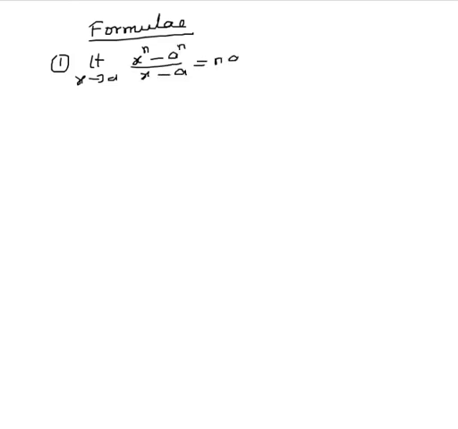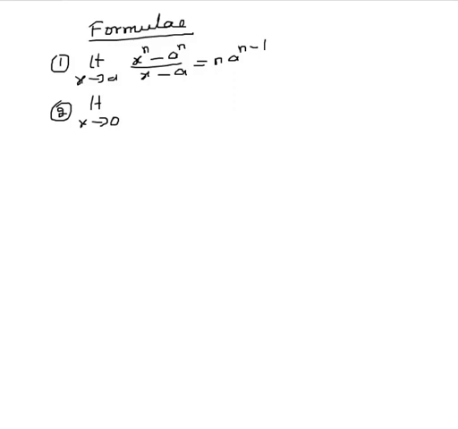Limit formulae. We are not going to learn the derivations of these formulae, but these formulae can be derived using factorization or by the sandwich theorem. Limit as x tends to a of x raised to n minus a raised to n divided by x minus a is n into a power n minus 1.